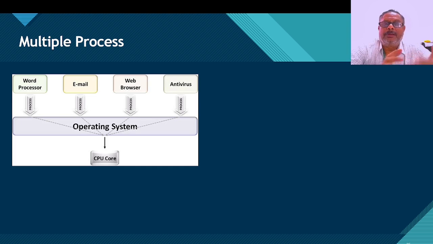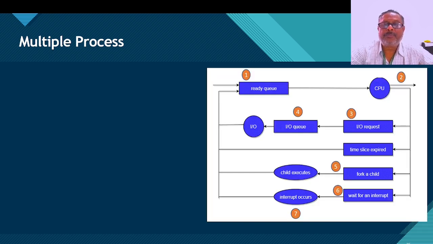It allocates one process at a time to the CPU, and then the CPU works on that. If this is done at high speed, we logically think all of them are running in parallel, but in reality only one is running at any given time. So that's a major contribution of process management. It's what we call scheduling.